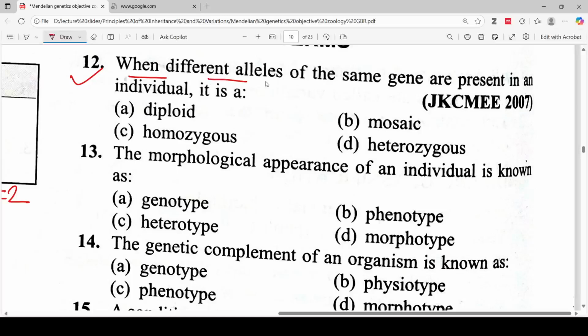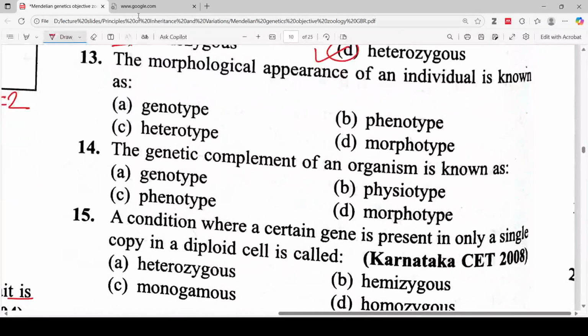When different alleles of the same gene are present in an individual, it is diploid, zygous, homozygous, mosaic or heterozygous. So the correct answer is option D. When the same allele of the same gene is present in an individual, then it will be homozygous. So the correct answer here is heterozygous.